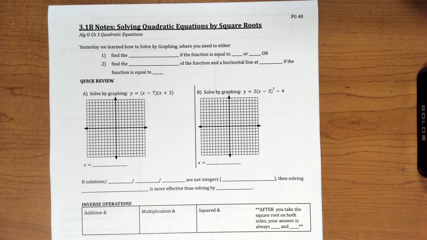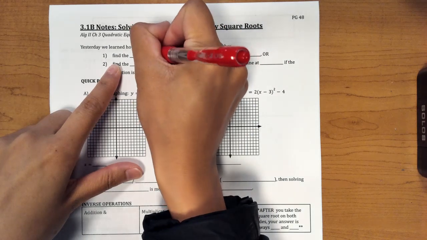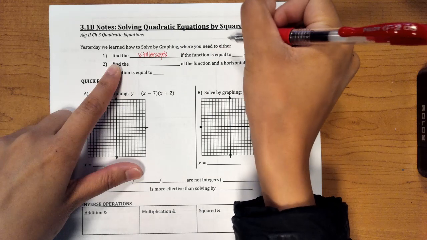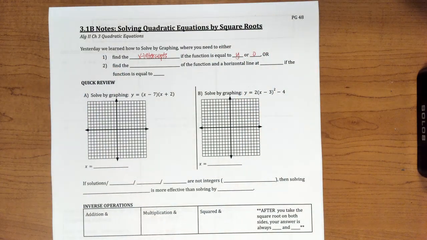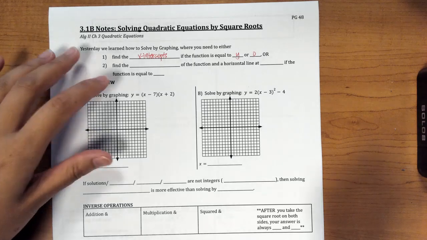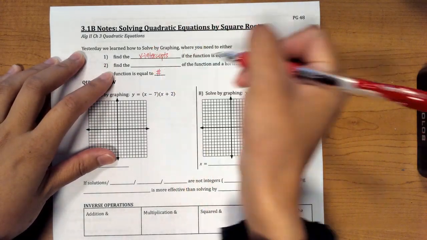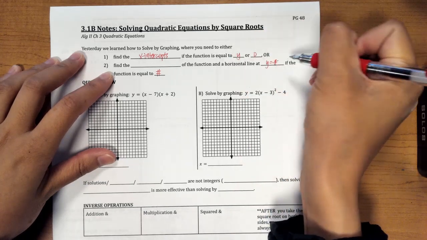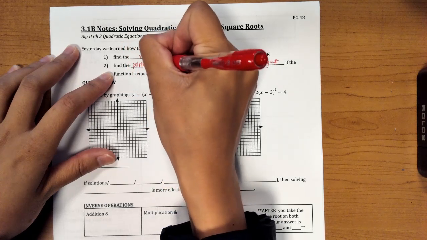Okay, so please remember that when you solve by graphing, you need to either find the x-intercepts, if you just have a function equal to y or 0, or if you have a function equal to a number, you're going to draw a horizontal line at y equals to that number and find the points of intersection.